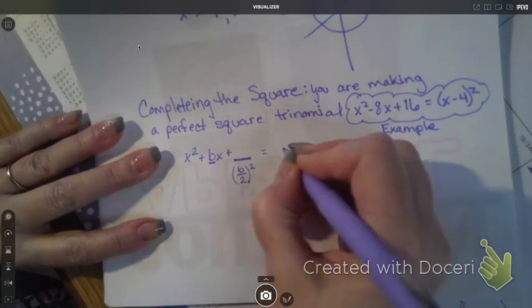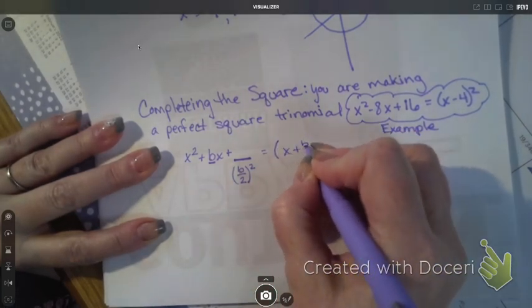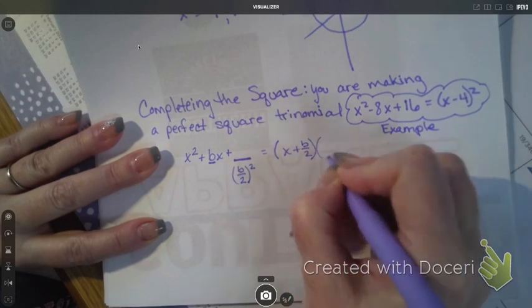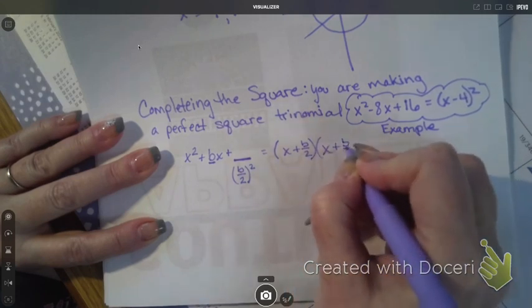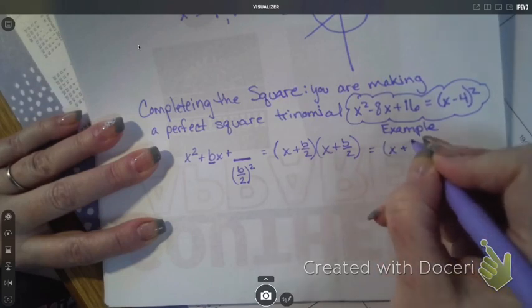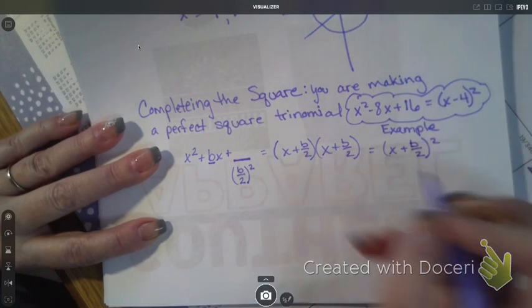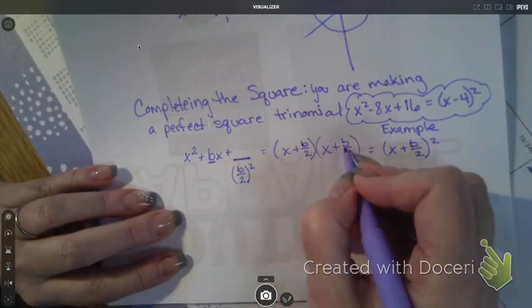So when it factors then, it will be x plus b over 2 times x plus b over 2, which would be x plus b over 2 squared. Yes. Okay, so that's the point of what we're doing.